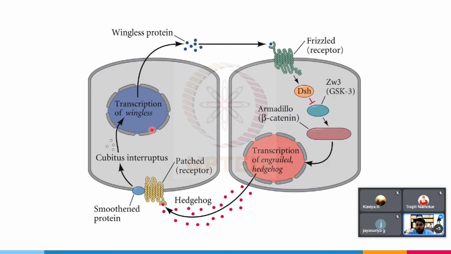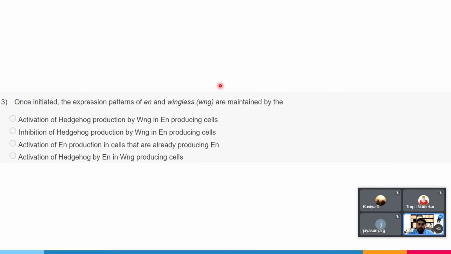We also have to keep in mind that the beginning of the expression was not due to wingless and engrailed. It was due to the effect of pair-rule genes. The pair-rule genes initiated the first transcription of wingless and engrailed in these two cells, and then this feedback loop continued in order to maintain the expression. After looking at that, let us again try to answer this question.